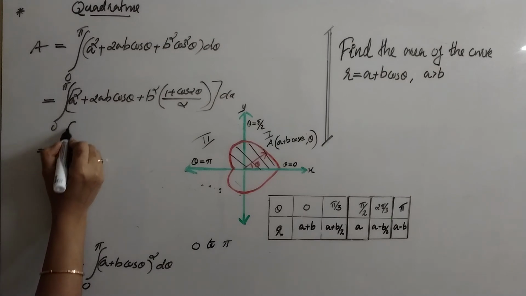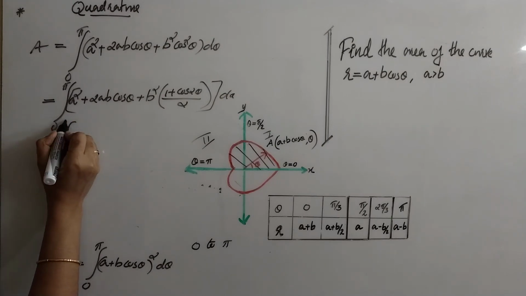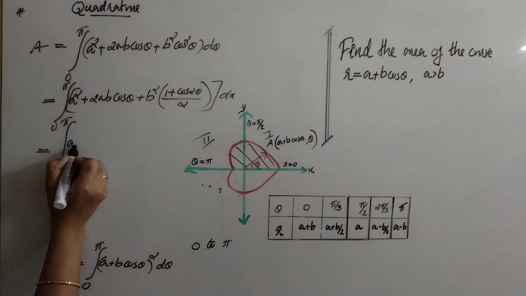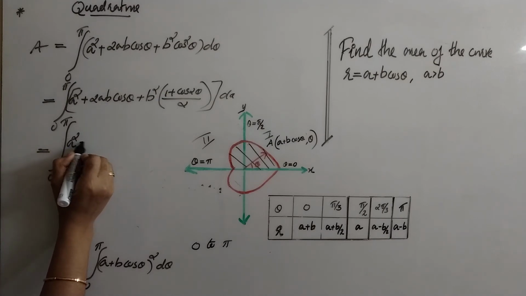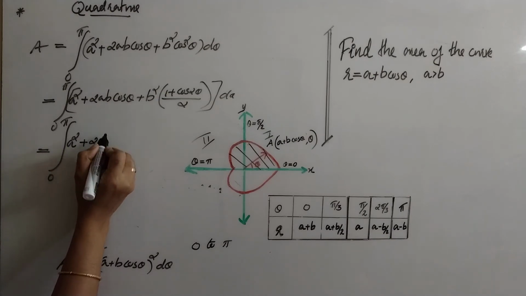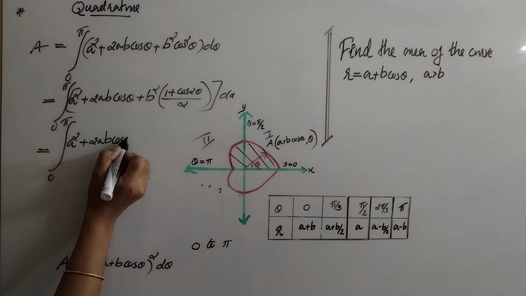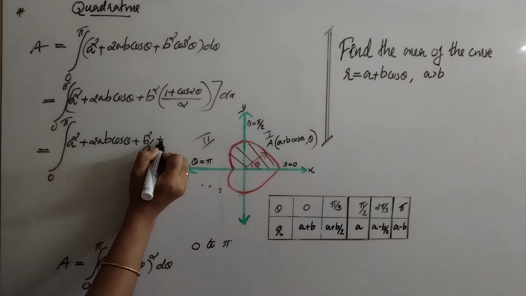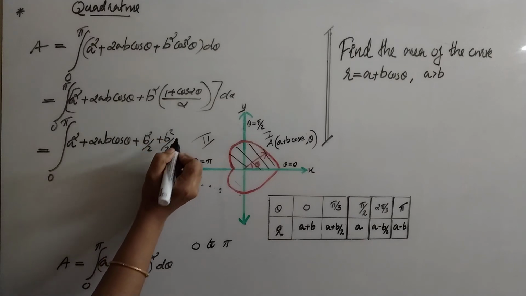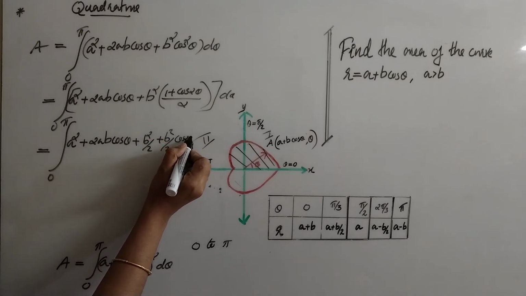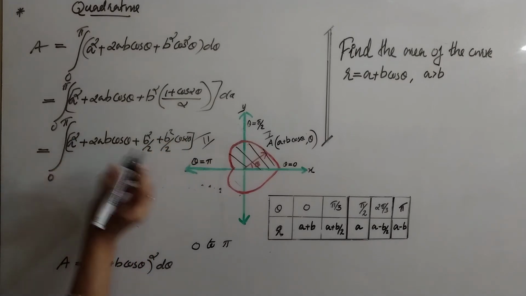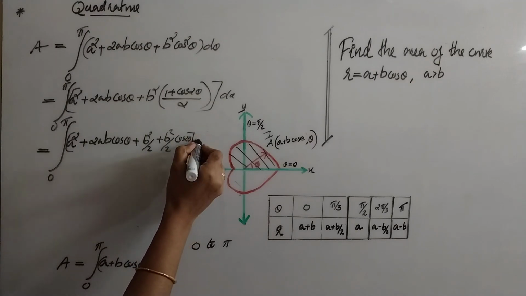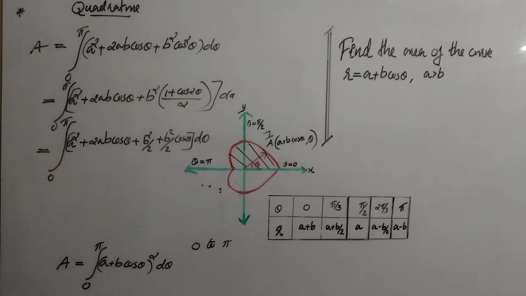That is equal to the integral from 0 to pi of a squared + 2ab cos theta + b squared by 2 + b squared by 2 cos 2 theta, d theta.